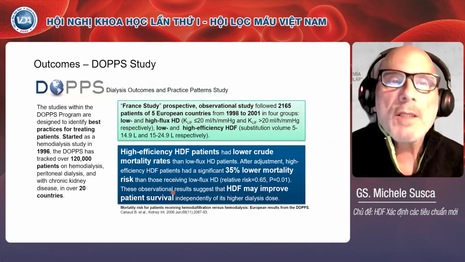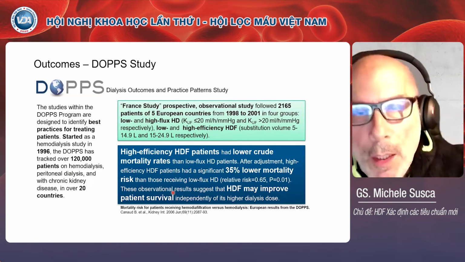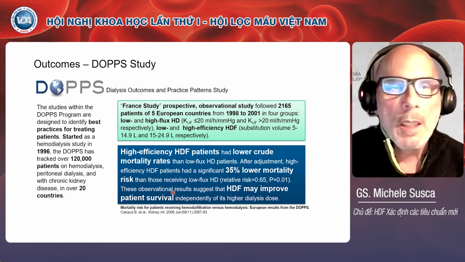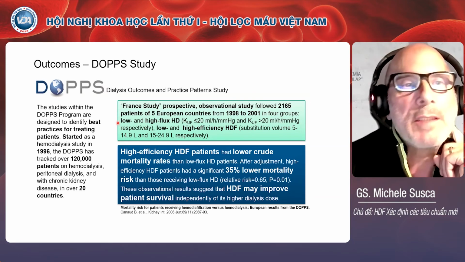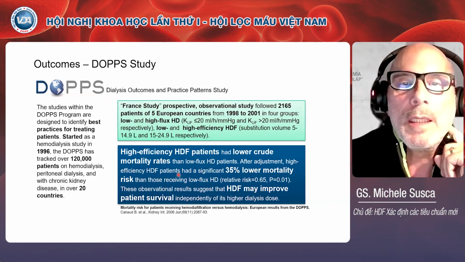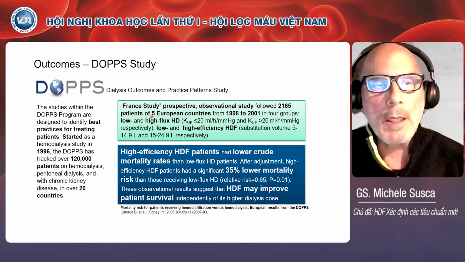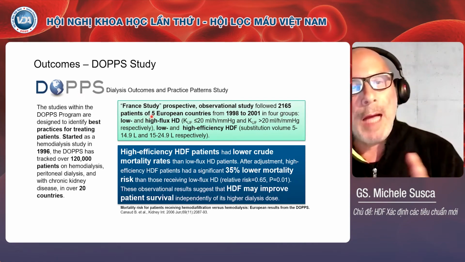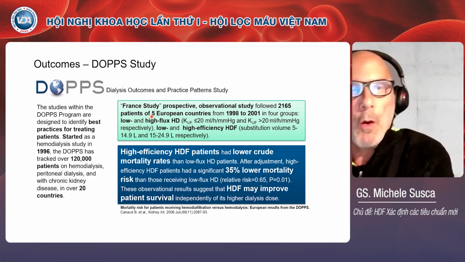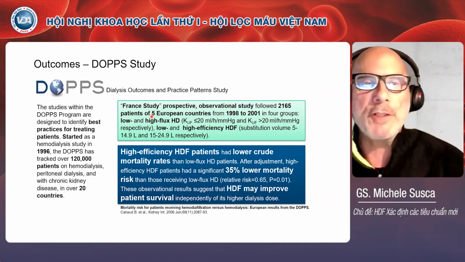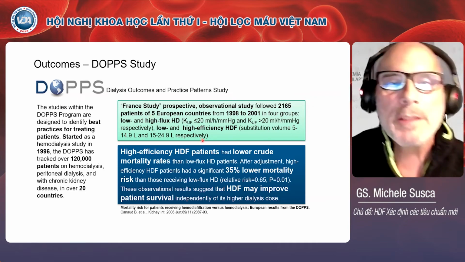The time is almost over, but just 2 to 3 slides about the studies. We have done a lot of studies comparing conventional dialysis, high flux dialysis, low efficiency and high efficiency HDF, and so on.